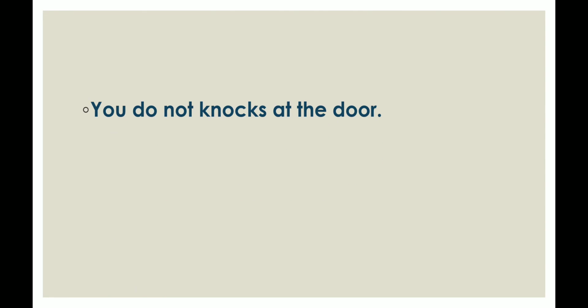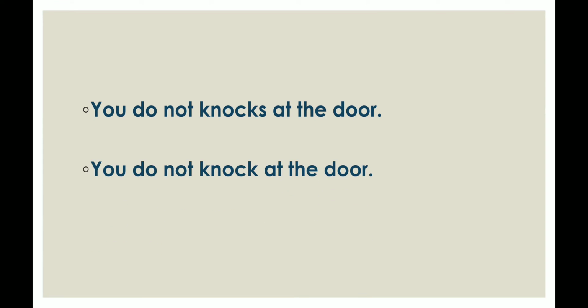Again our subject we is plural, so we will write we help the poor. We have to use root form of the verb help, not helps. You do not knocks at the door. Again with do or does we use root form of the verb, so the answer will be you do not knock at the door.